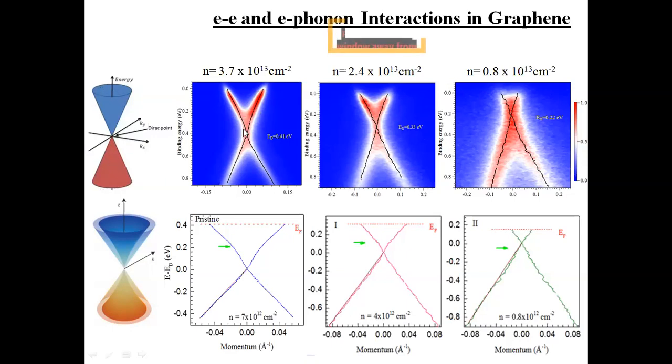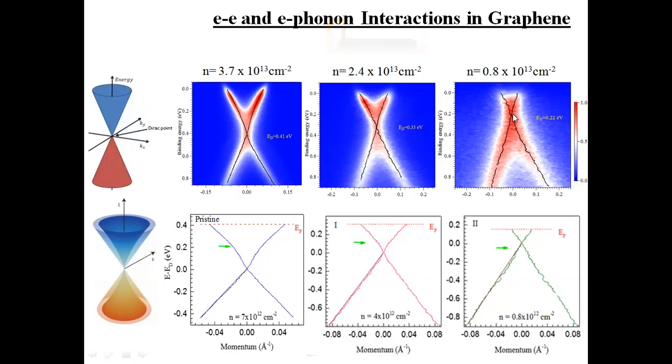In experiments, these are the bands that we have got. These are three different types of samples. You can see the color scale here: red means there are electrons. I have also drawn these black lines for clarity.